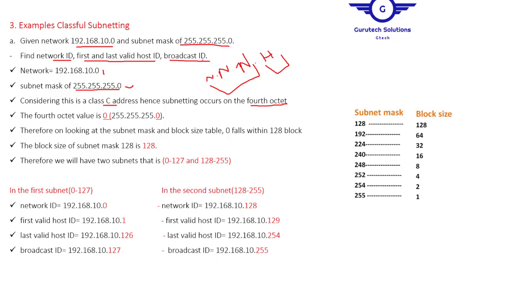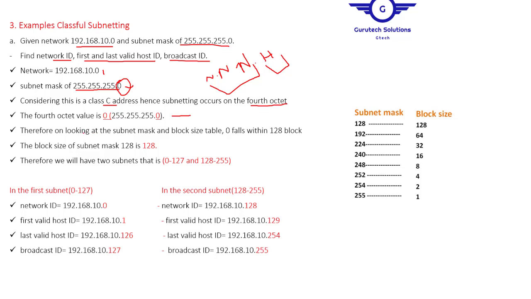So subnetting occurs on the 4th octet where there's the host portion. Subnetting only occurs on the host portion, or not necessarily. It depends on the question. And the 4th octet value is 0.